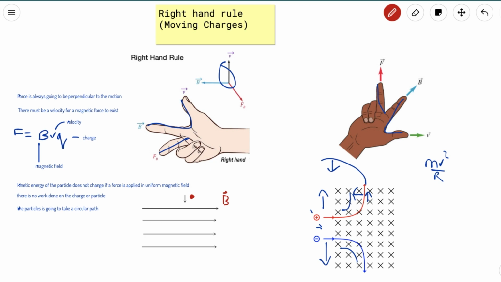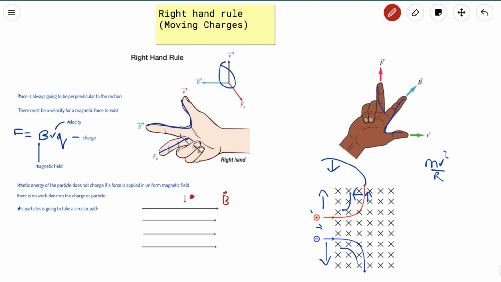So that's the right hand rule, okay? Let's apply the right hand rule. First, thumb. It's going down. It's a positive charge, so you use your right hand, and the thumb points down. Then your index finger, you point it in the direction of the lines, because that's the direction of the magnetic field, and then you stretch out your middle finger so that it's perpendicular to both, and you're going to notice that it's pretty much pointing towards you, or out of the page.